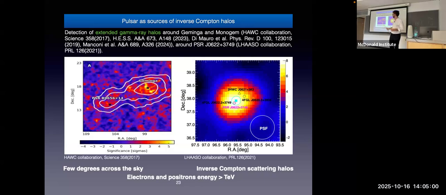In fact, the main idea is that this gamma ray emission can be explained by the electrons and positrons produced and emitted by the pulsar, which perform inverse Compton scattering with the photons of the interstellar radiation field and create this gamma ray halo. So looking at this halo, we can see what the characteristics of the particles are very close to their sources, how they propagate, and in general what we need in order to explain this type of emission.